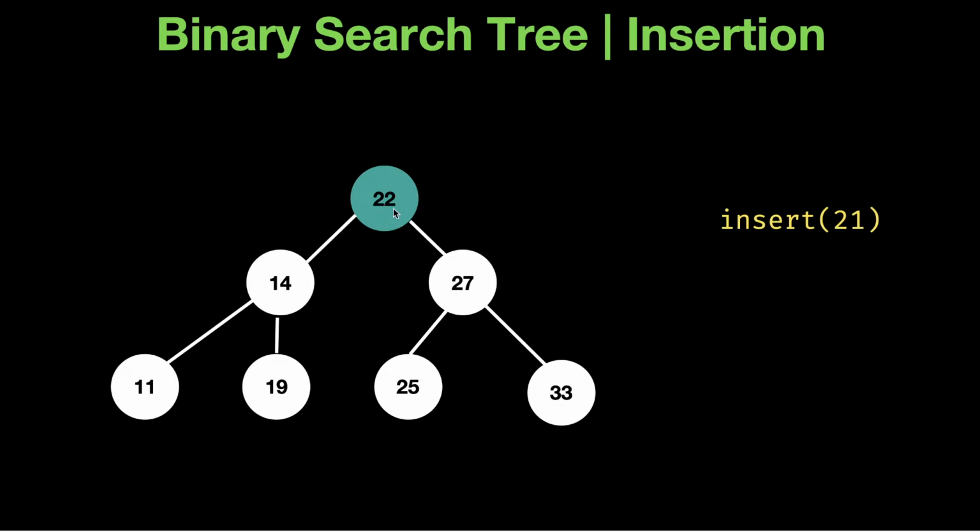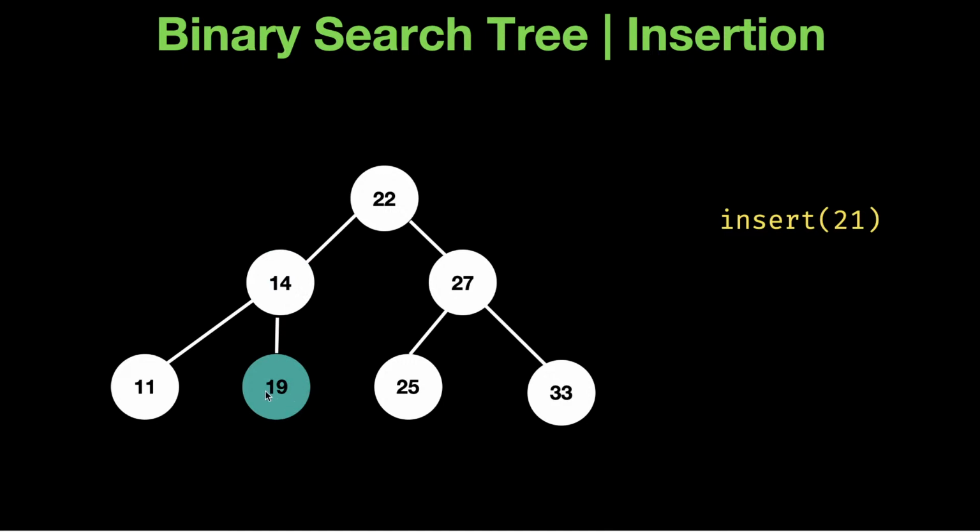Actually 22 is greater than 21, so we will have to go to the left subtree now. Now 14 is less than 21. That means we are going to insert on the right subtree, right? Because 21 is greater than 14, and 21 should be inserted on the right side of this 14. So now we will go to the right side.